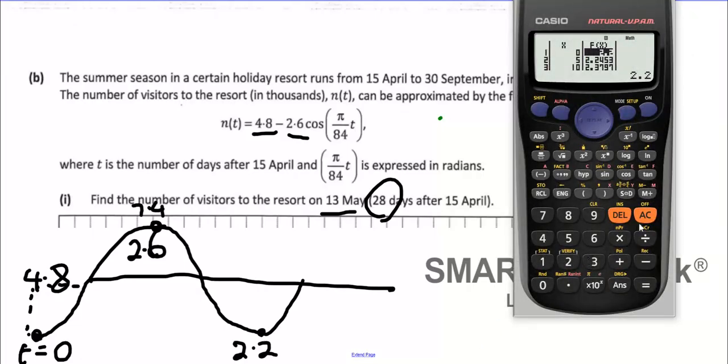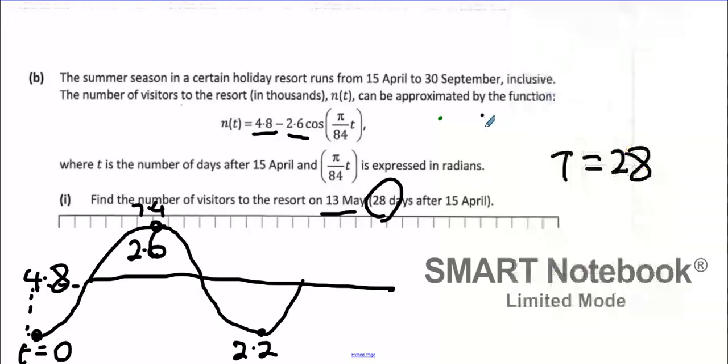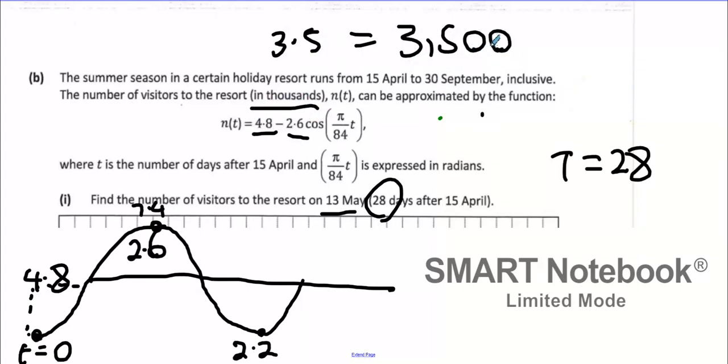Pretty sure I might be able to read this off my calculator. Start at, I don't know, 10. End at 28. Do a step of 1 or something like that. I'll read off 28 now. 3.5. Now, 3.5 thousand, which is 3,500.